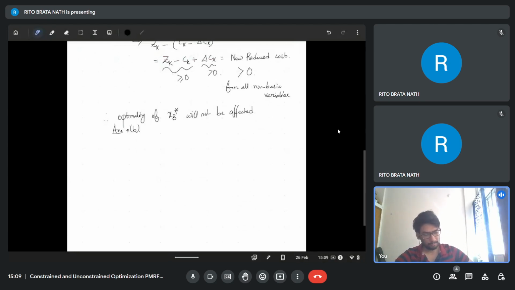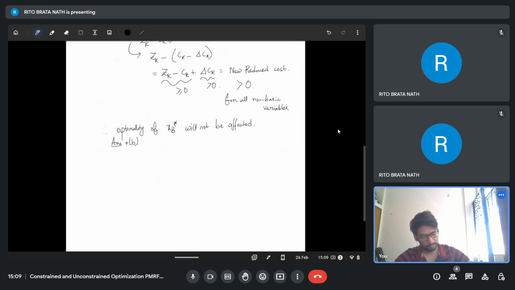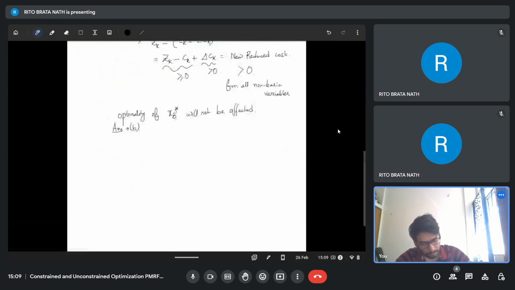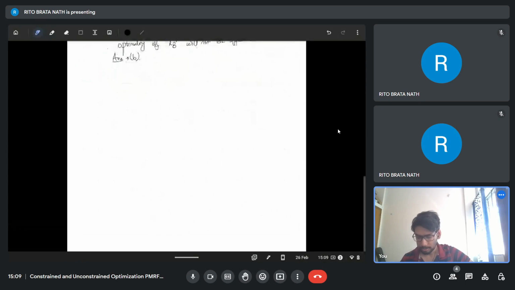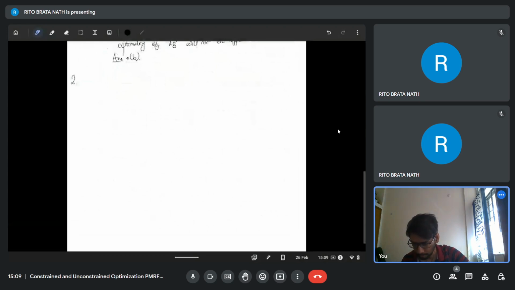Okay, so let's move on to the second problem. Here, let xb star be an optimal basic feasible solution to the linear programming problem. It is given that beta ik is the ith element of the optimal basis inverse, B inverse. There is a change in the requirement vector b, so this changes to this.